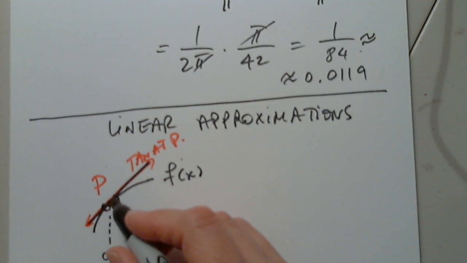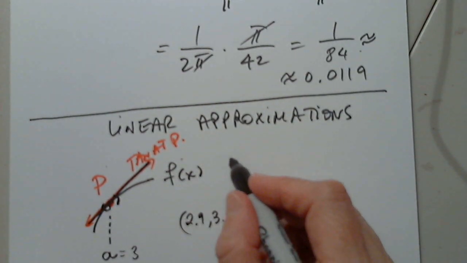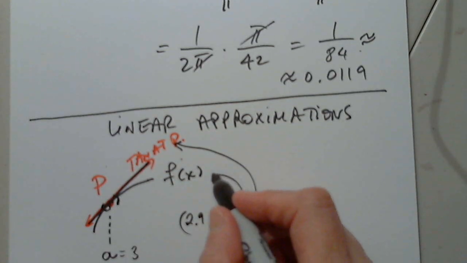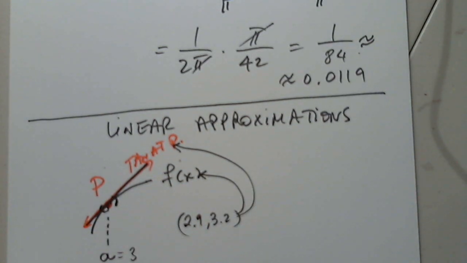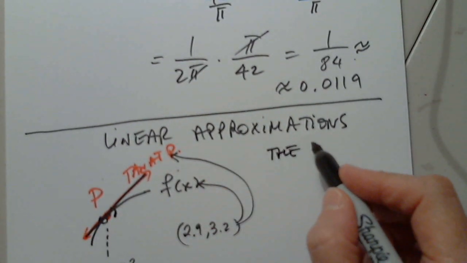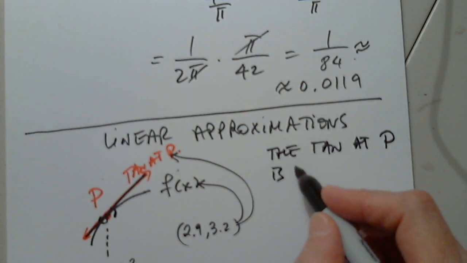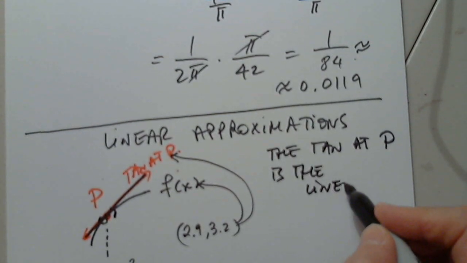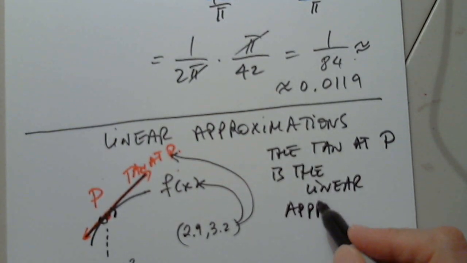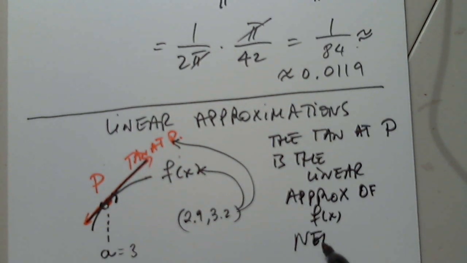So if the interval is between 2.9 and 3.2, if I use the equation of the tangent or if I use the function, it's not going to make a big difference. So we say that this line, the tangent at P, is the linear approximation of f of x near, and we really mean that, near a point.